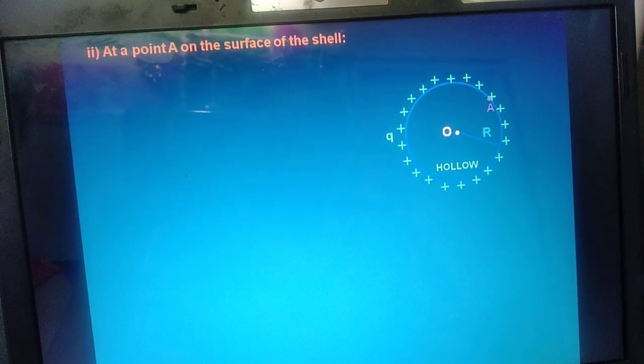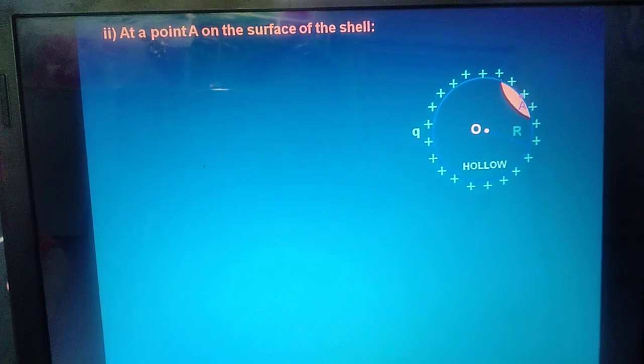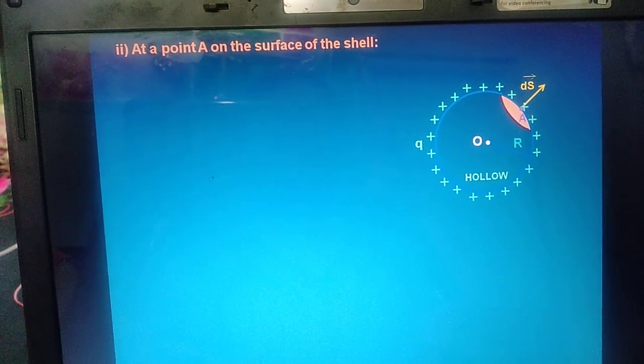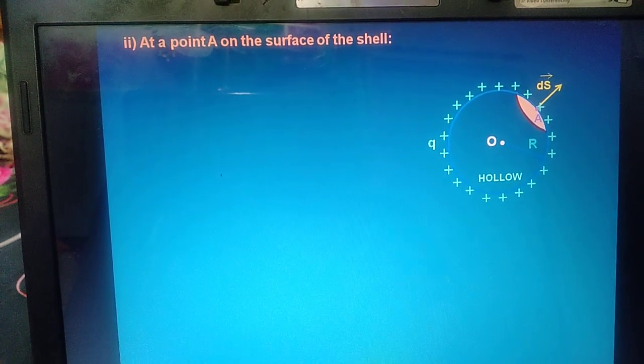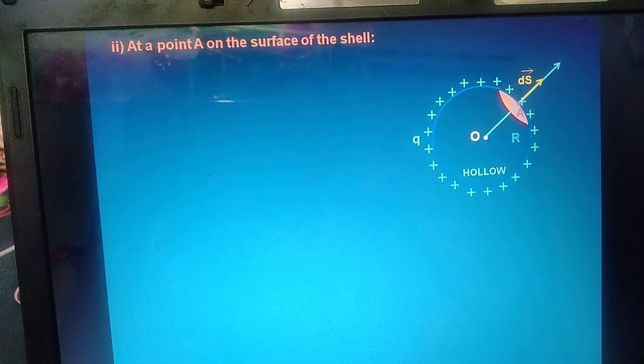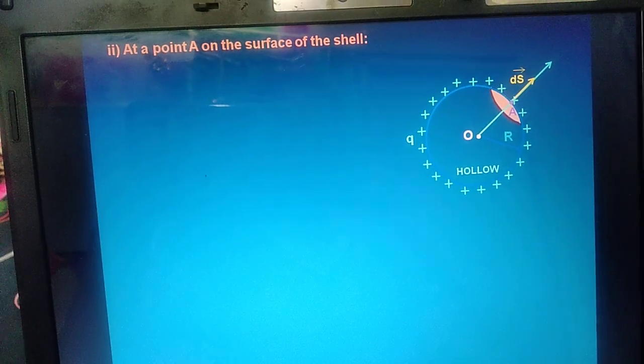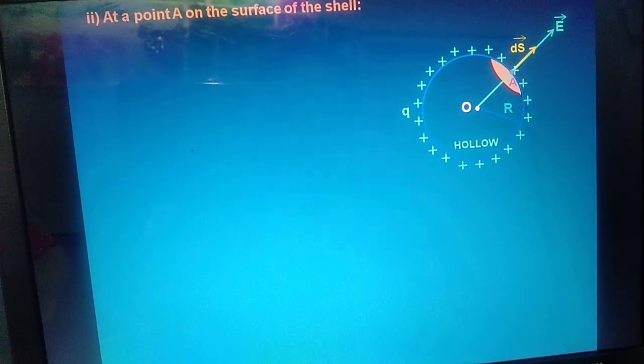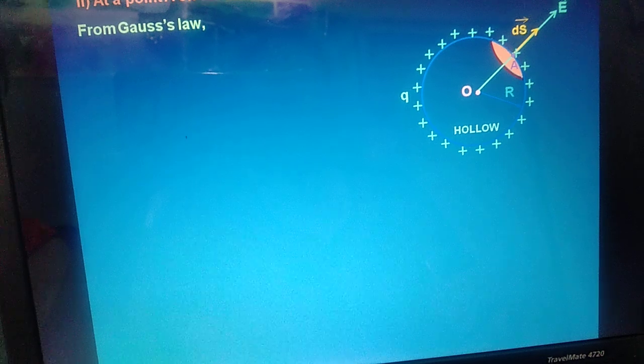Now what is Gauss's theorem? This is the small surface element, the area element of this surface, and this is the electric field. Again the angle between E and ds is 0 degree, so we can apply Gauss's law.